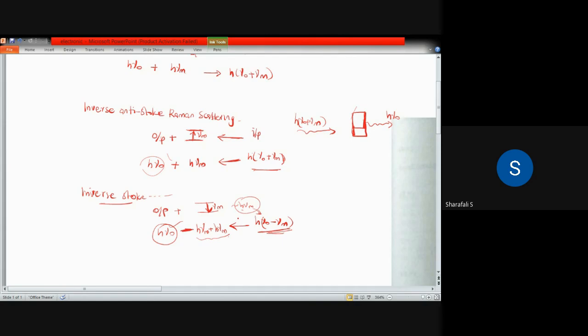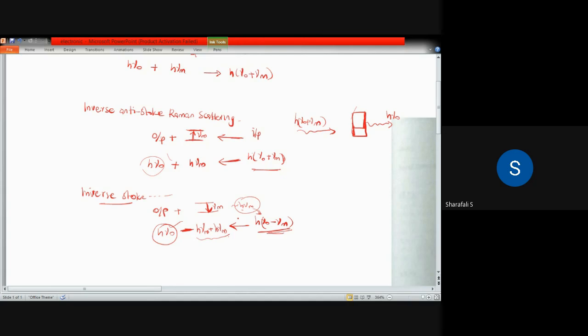But in this case, we are getting an energy greater than that. So in normal Stokes Raman scattering, you provide some energy and get energy less than what you have provided. Here we have given energy which is less than the output. So that is just the inverse of the normal Raman scattering.